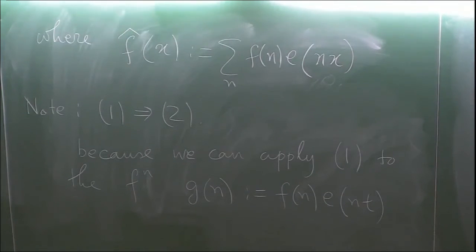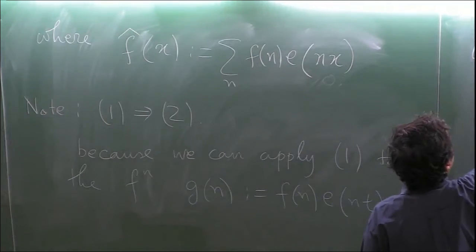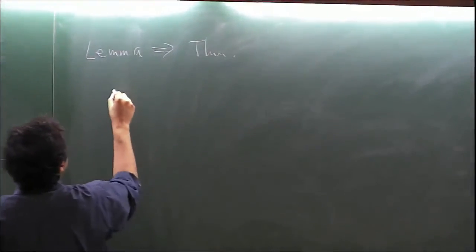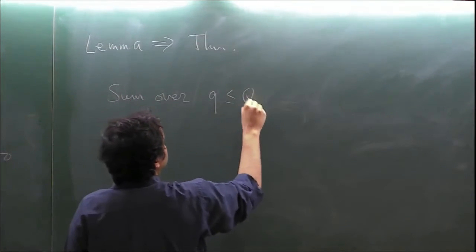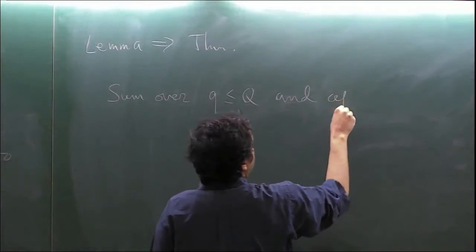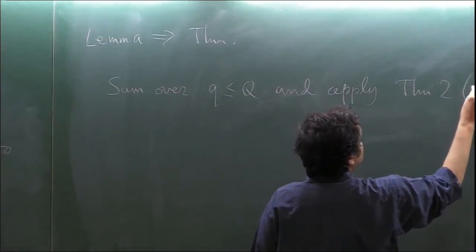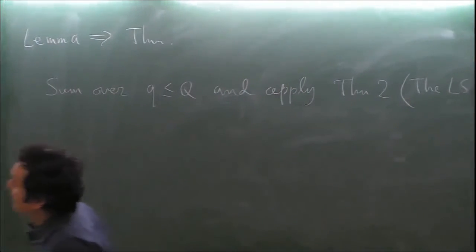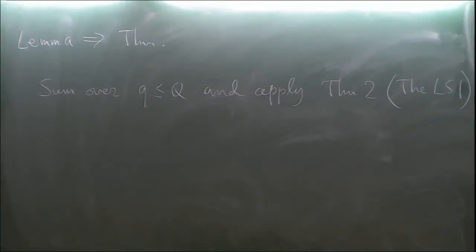So let's see. The lemma implies the theorem. So sum over q up to Q and apply theorem 2, which was the large sieve inequality. If you sum over q, you will get capital HQ times this.